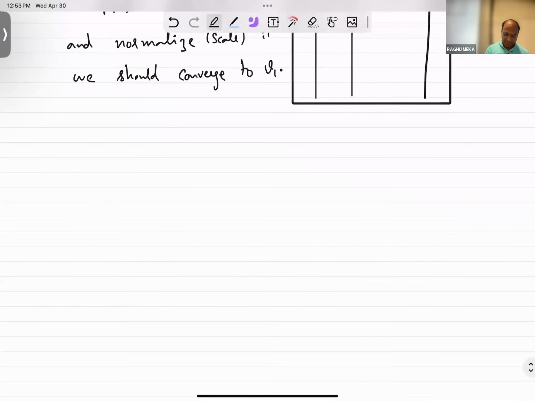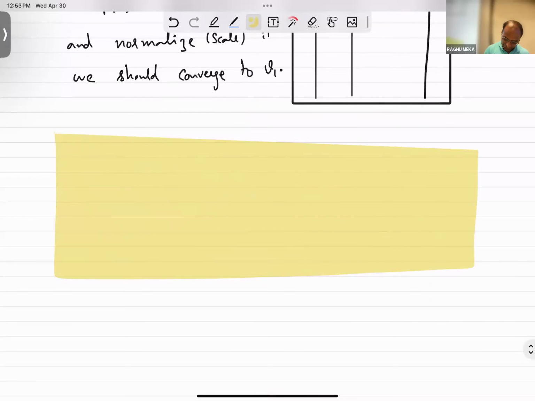That's the basic template for the algorithm.